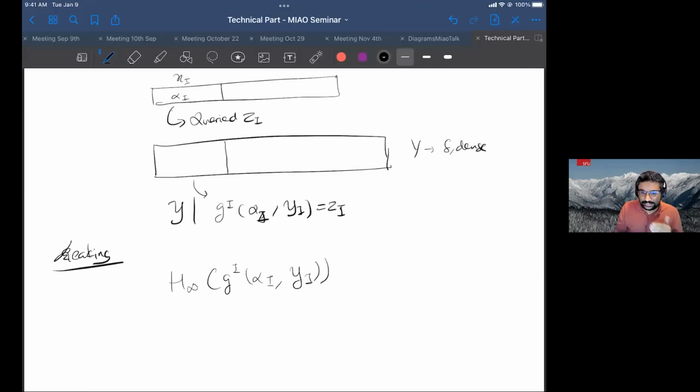So we are exactly analyzing this, but we knew that y is delta dense. And because of the extractor property of our gadget, this would say that for most x, but the alpha i's come from not a delta dense distribution x, but x had lost density.